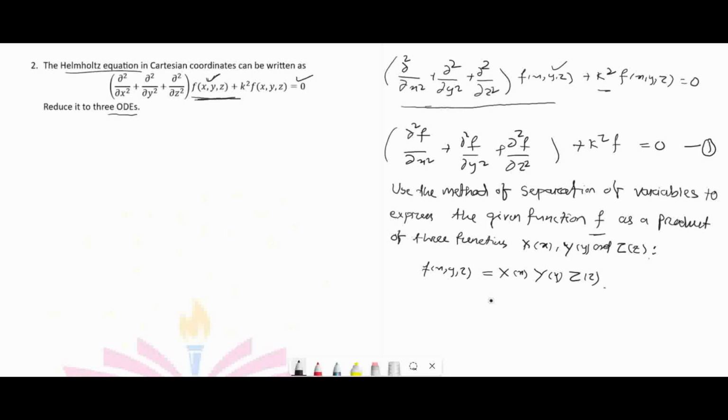Now differentiate f with respect to x, y and z partially twice.